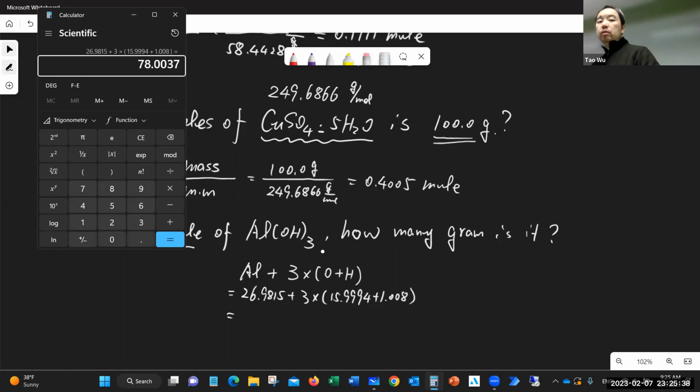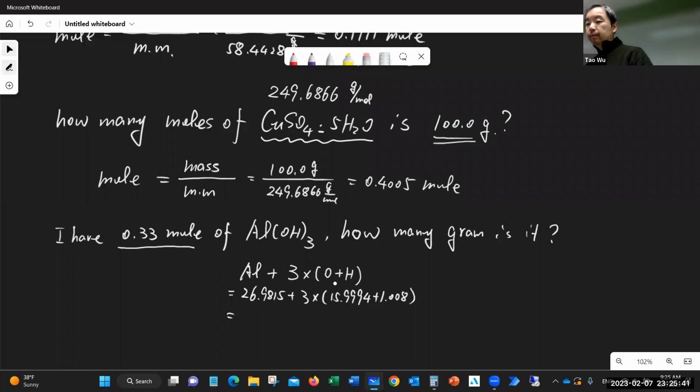So we get 78.0037. And this unit is gram per mole, because this is a molar mass.